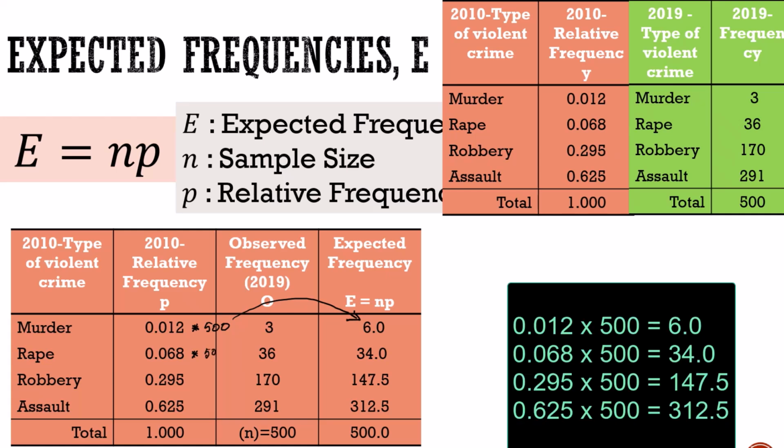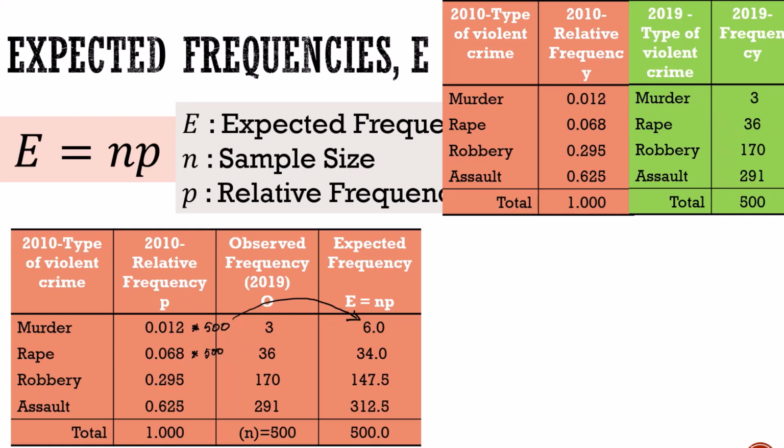So all of these proportion values are getting multiplied by N, and then you write that value in the expected frequency column. So the expected frequency column for murder will have a value of 6. The next one will have 34. Robbery was 147.5 and assault was 312.5. These were the incidents or the expected frequencies based on the proportions from 2010 distribution.